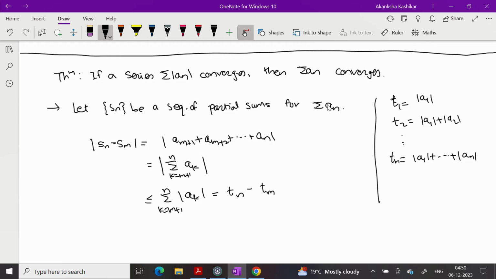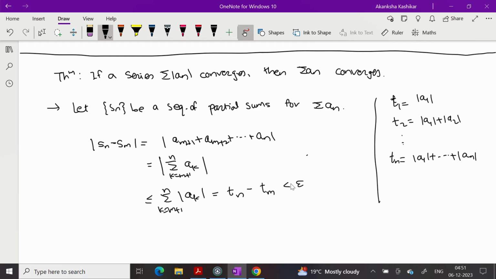But we know that the series summation mod an converges, so Tn is a Cauchy sequence, and hence Tn minus Tm is less than epsilon. Therefore mod Sn minus Sm is also less than epsilon for every pair m, n greater than or equal to n0.